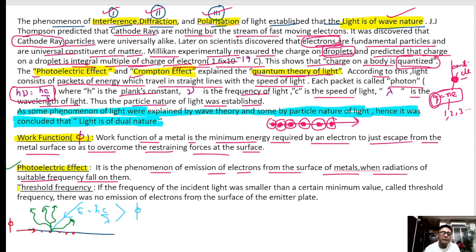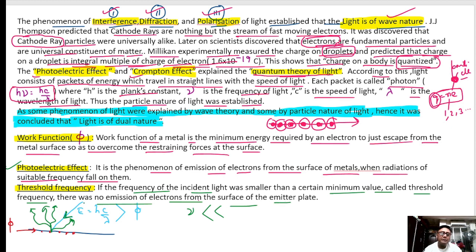Next we will study the threshold frequency. What is the threshold frequency? If the frequency of the incident light is smaller than a certain minimum value called the threshold frequency, there is no emission of electrons from the surface.